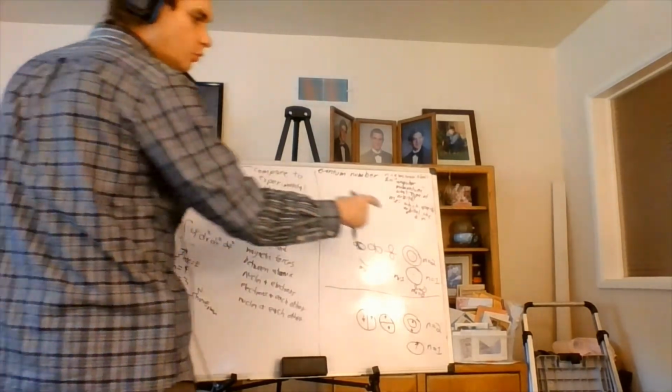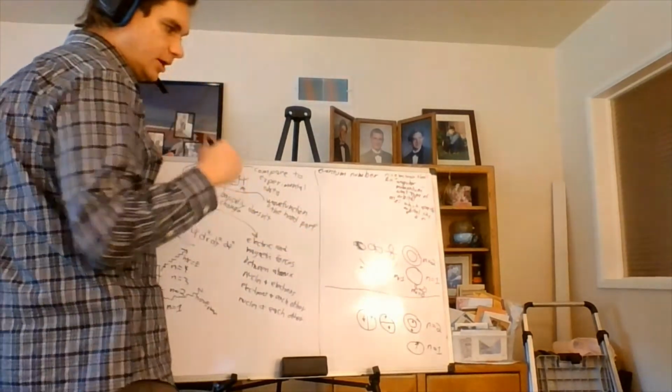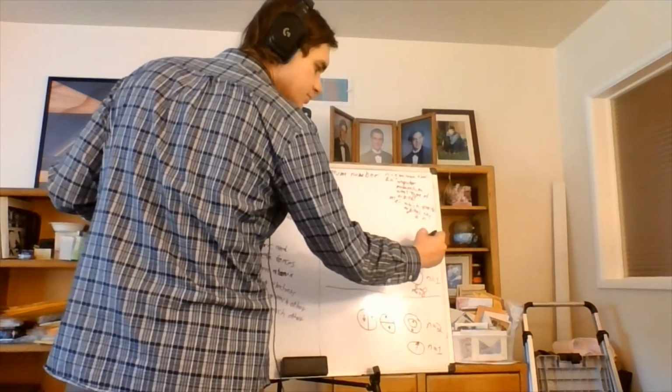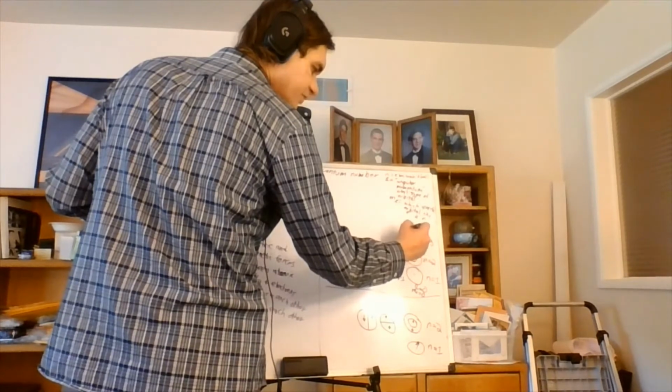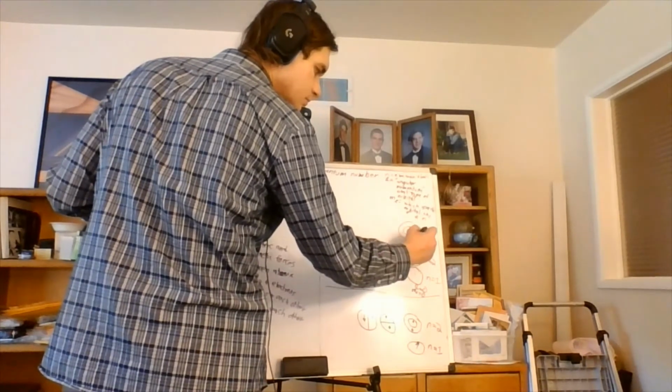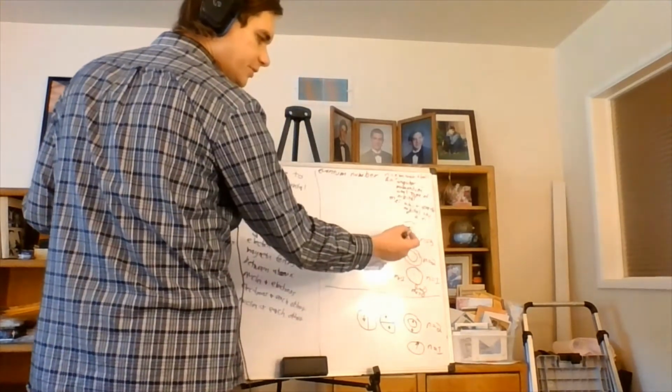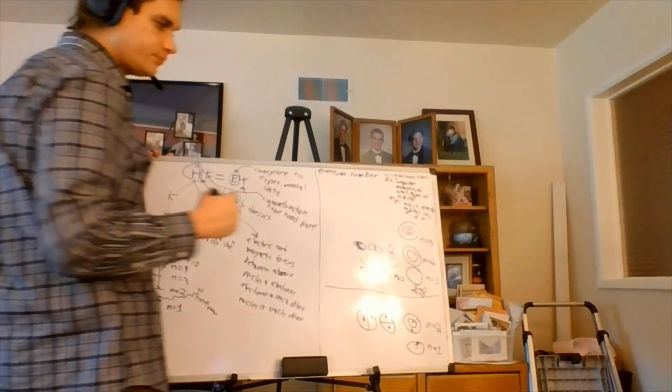However, when we go to the next step up, to n equals 3, we've got now a spherical orbital with 2 spherical nodes.